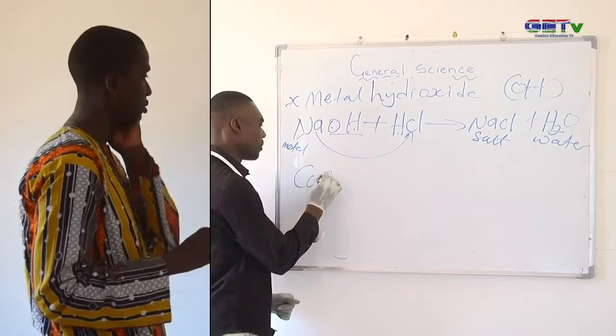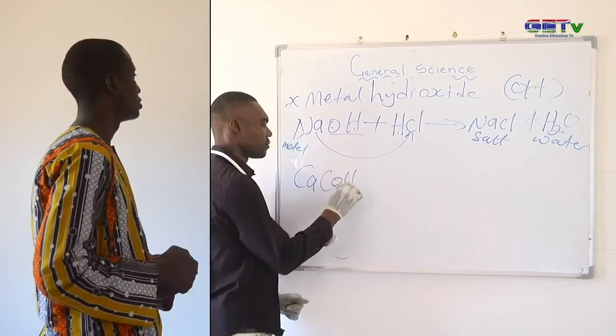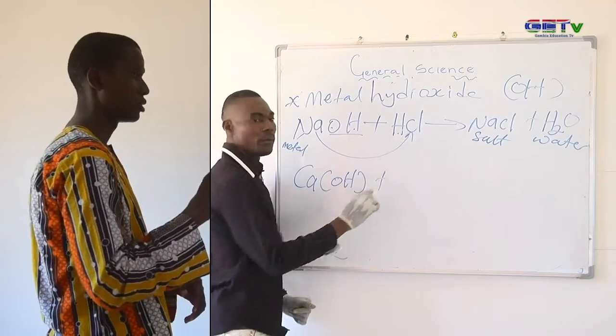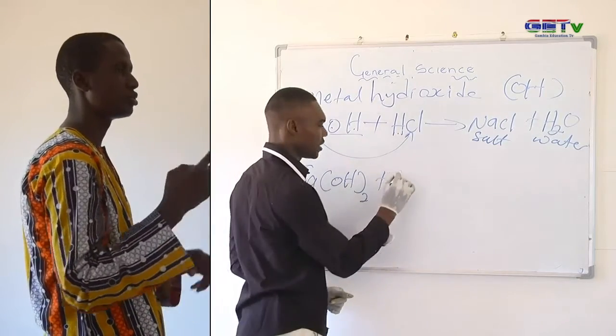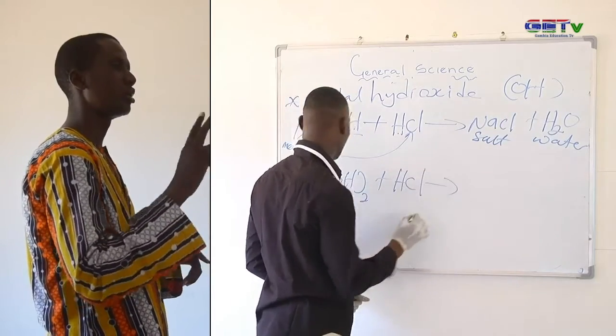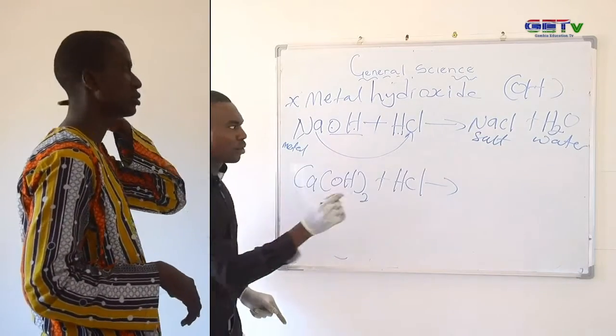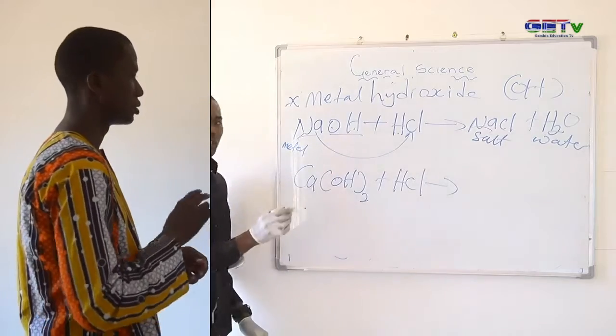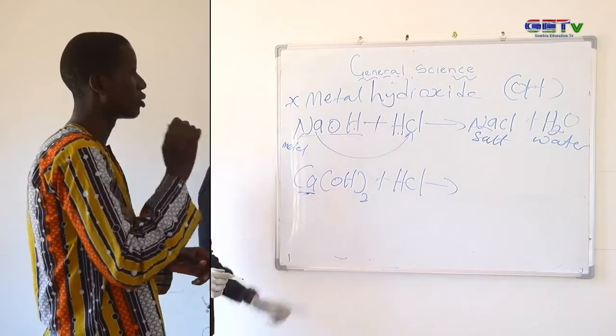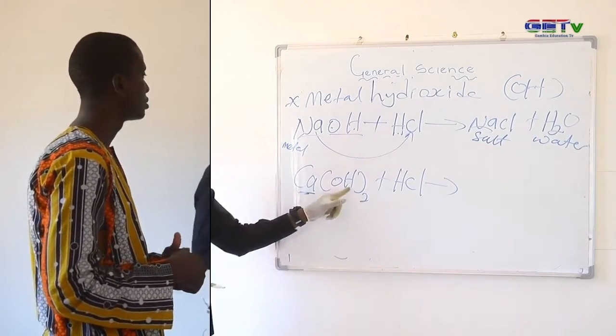Another is calcium hydroxide, Ca(OH)2, combined with HCl again. We are not going to have sodium chloride now. Why? Because we are no more using sodium metal. What we are using is calcium hydroxide, please.